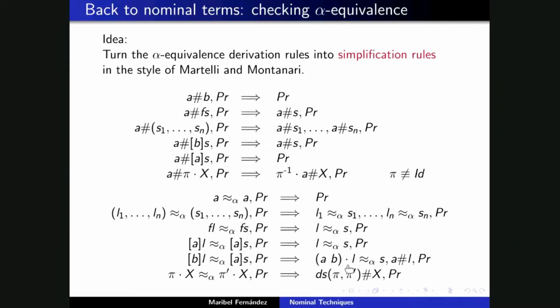So that's one thing. The other thing is, when and how do we test for freshness of an atom? Because again, if we do this eagerly, each time we apply this rule, we need to check for freshness of A in L, which will imply traversing L. The rules that implement freshness go over the syntax of the term.